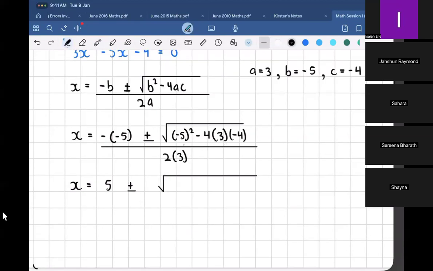So 25 plus 48, that'll be 73. Just confirm that. Mental maths, I don't trust it. Just check if it's 73. Guys, somebody check if the inside would be 73.